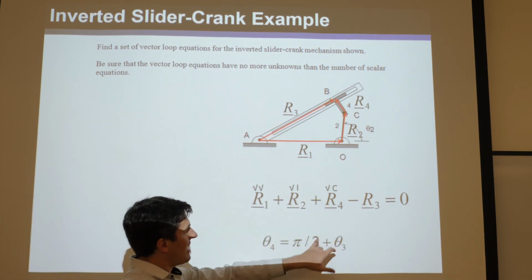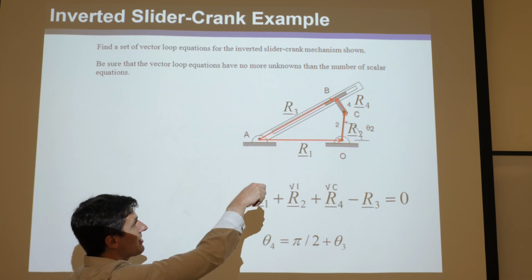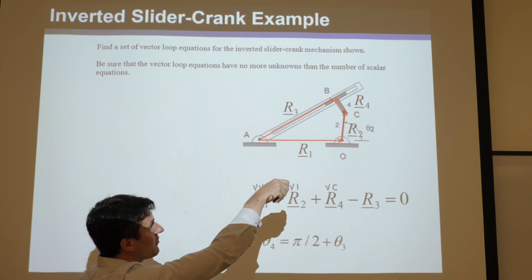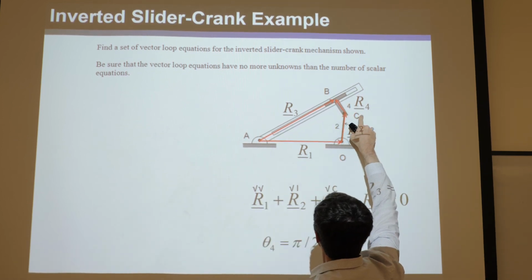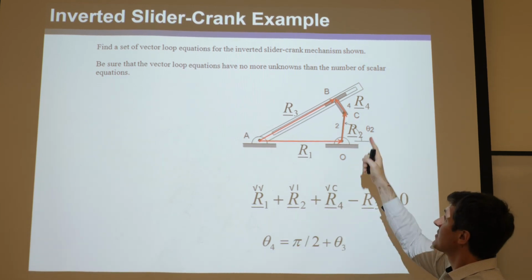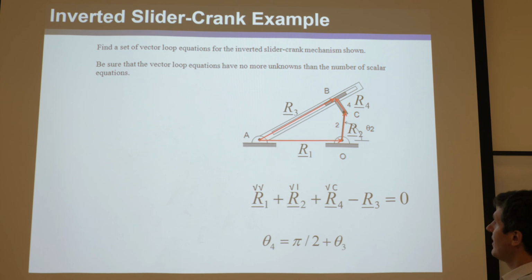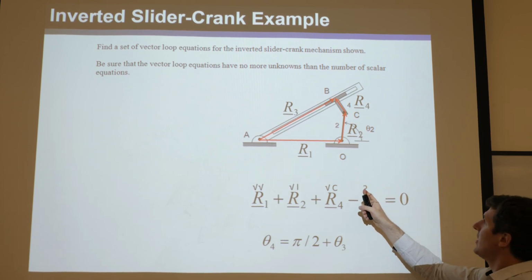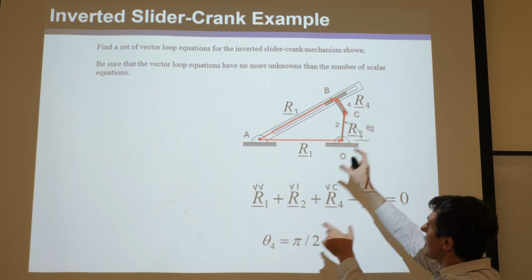It's the exact same equation as before. Remember, this is theta 3 right there. Theta 4 is going to be from the horizontal here up to there, so it'll be theta 3 plus pi over 2 equals theta 4. So again, it's constrained, same thing as the last example. And then we don't know the magnitude of R3, because that slider is going to slide and change length.